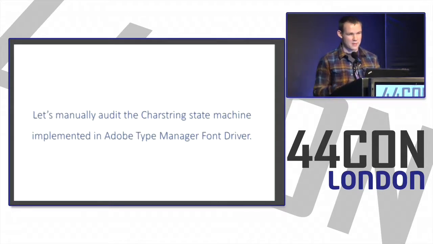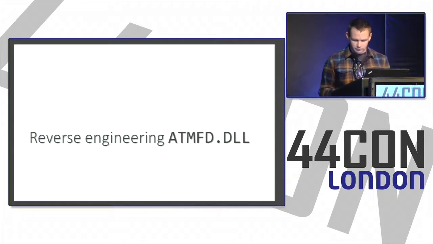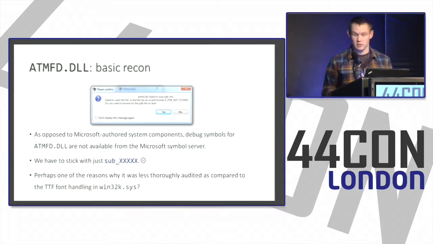So the idea that I had in mind after seeing how extensive the code for handling the charstring was, was that I would just manually audit all of the code of the state machine and see how many bugs I could find. But before I could find any bugs, I definitely had to reverse engineer the driver itself, because it's not open source and you don't even have symbols for it, as I will tell you here in this slide.